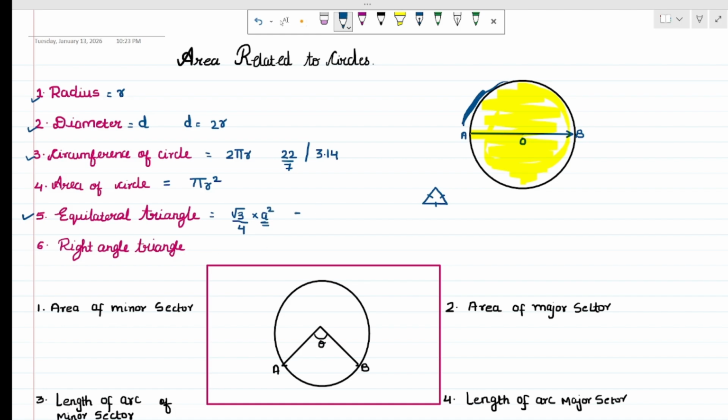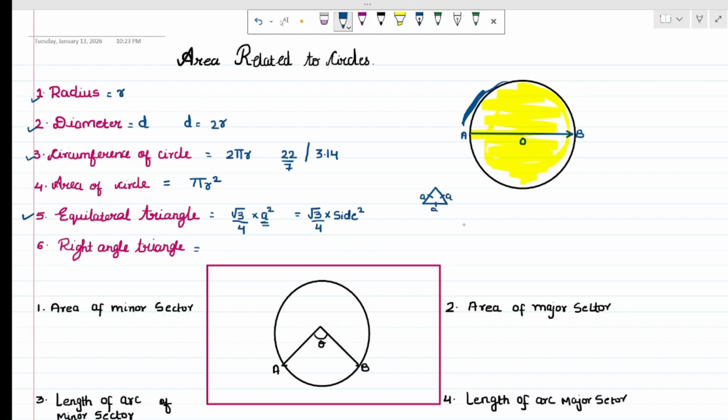A means your side. So you can also write the equilateral triangle area as √3/4 into side square. Why are we taking this a? Because our equilateral triangle has all three sides the same, we can consider each as a.